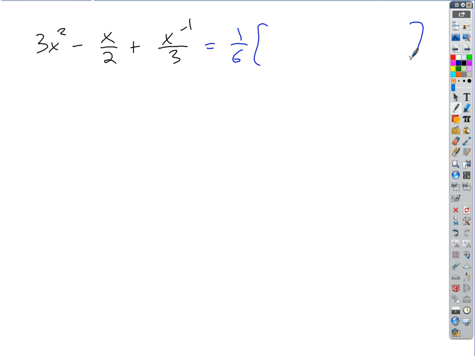Like if I factored out a 2, I'm going to divide each term by 2 to see what remains, correct? So if I'm factoring out a 1/6, I'm dividing everything by 1/6. Well, that's multiplying by 6, right? So I'm just going to distribute a 6 through all these terms and get 18x squared minus 3x plus 2x.